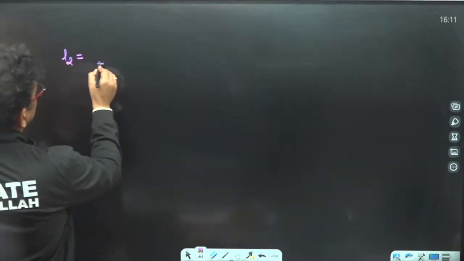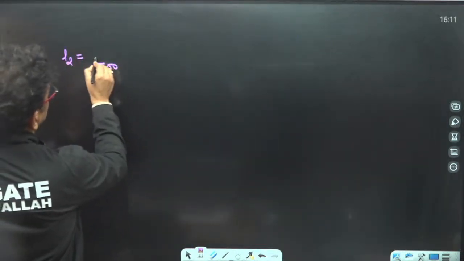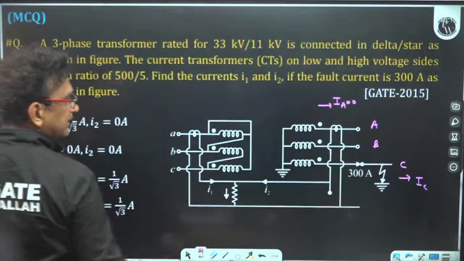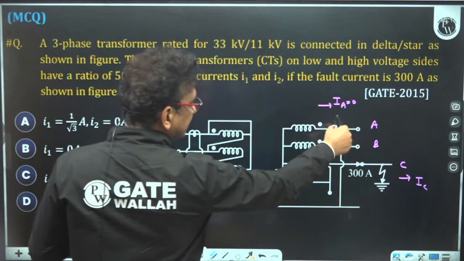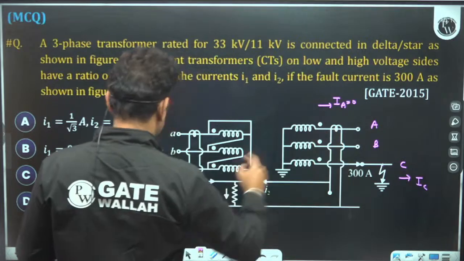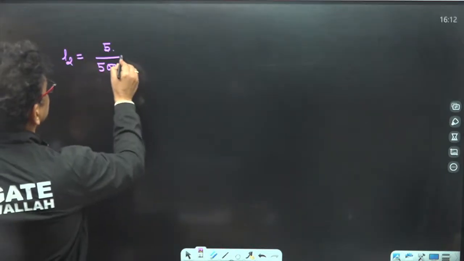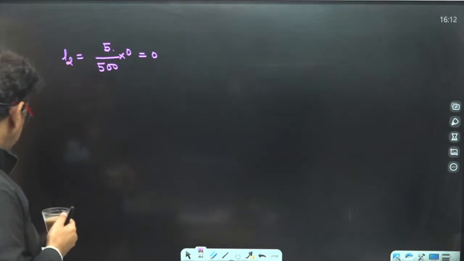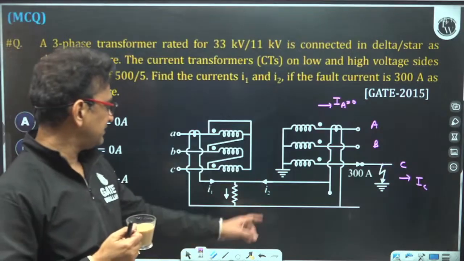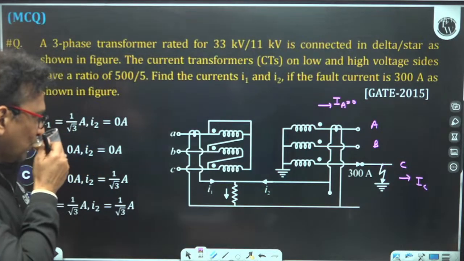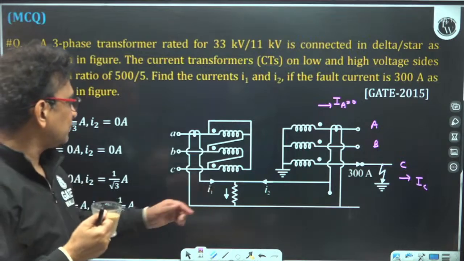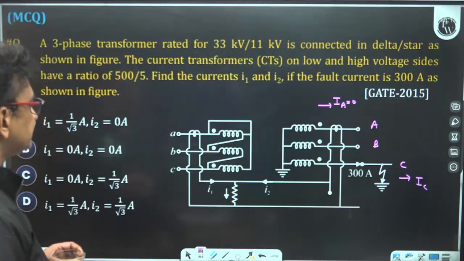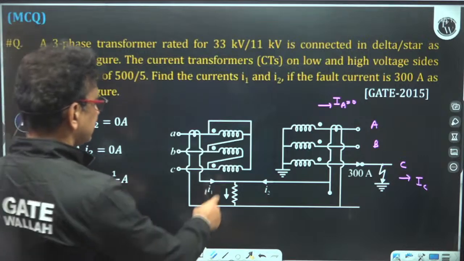When current in the primary is 500, the current in the secondary will be 5. But here the current is 0 because I am taking the output only from the A phase, and the fault is not in the A phase. So I2 is equivalent to 0. Now what is I1? This is connected in delta.